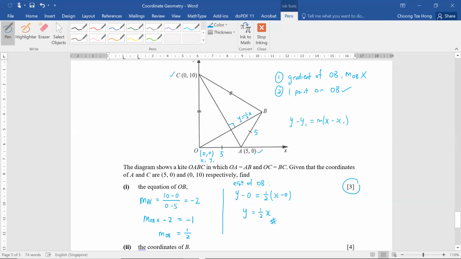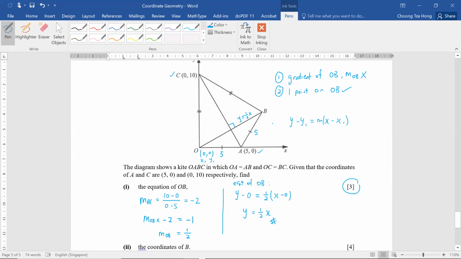And I know the coordinates of A, right? So maybe I can think along this line and try to use this info to find the coordinates of B. The next thing I also know is that B lies on the line y equals half x. Remember, when a point lies on a line, if I know one of its coordinates, then I can sub it into the equation and find the other coordinate.